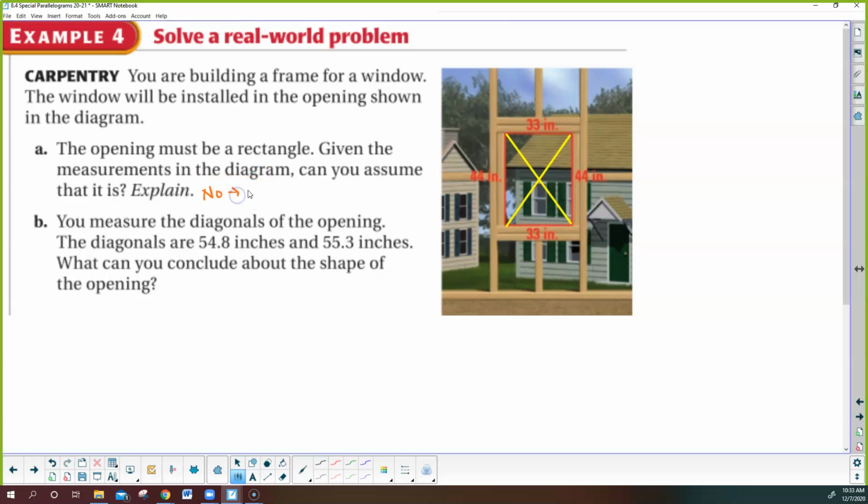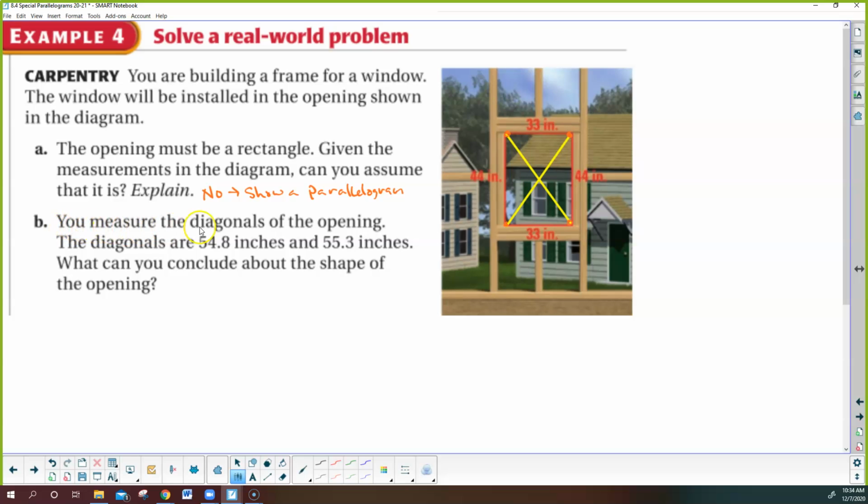No. All it does is it shows that this shape is a parallelogram. Right? It shows opposite sides are congruent. Well, what we need to do is we need to check to see, are these diagonals equal in length? So if you actually took and measured the length of one diagonal and compared it to the length of the other, they would need to be the same.